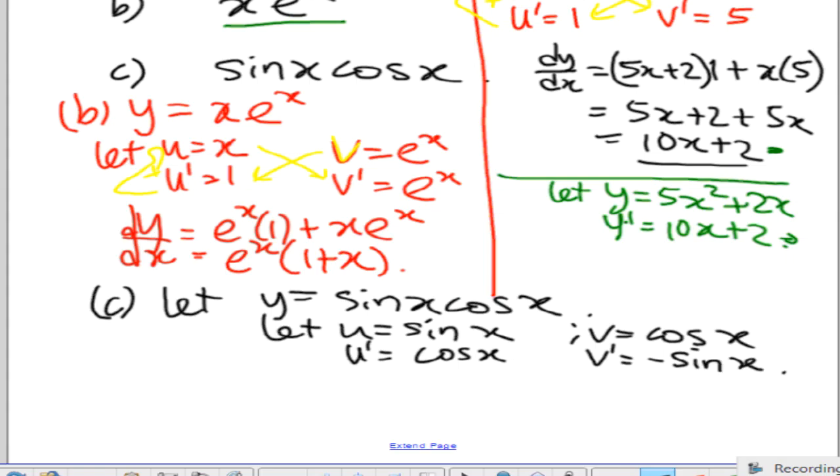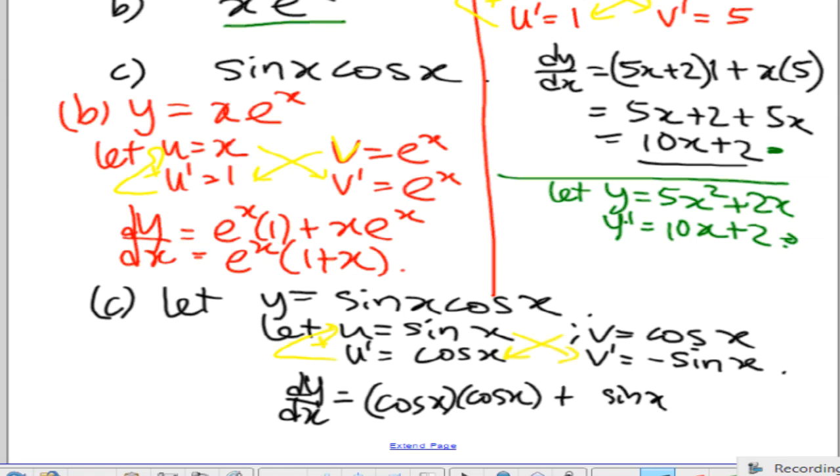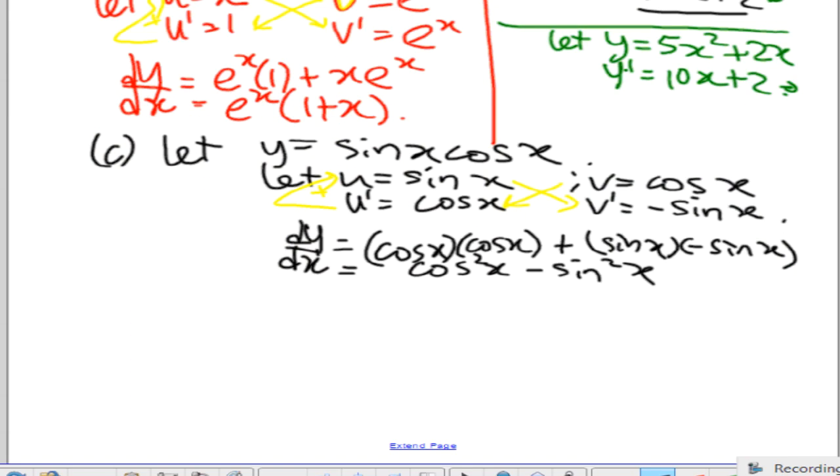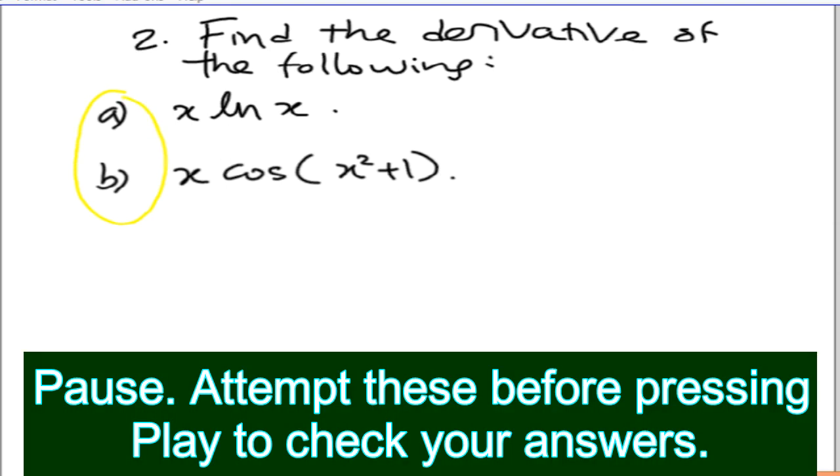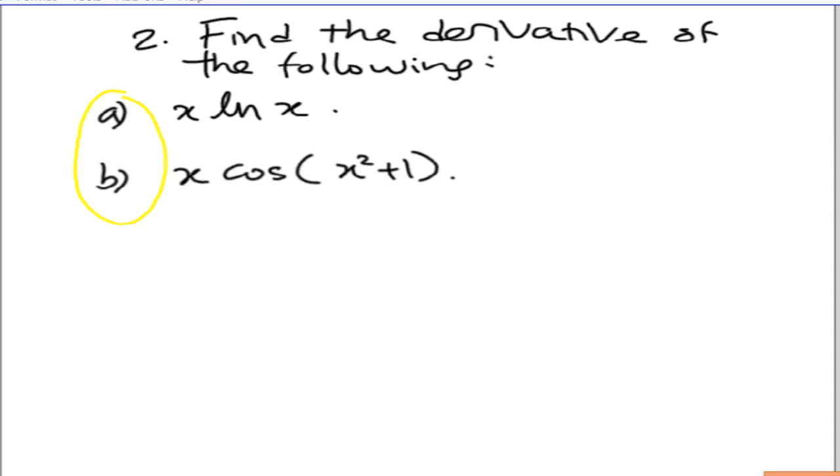Now I'm going to do the fish again. Therefore dy dx is going to be cosine x times cosine x plus sine x times negative sine x, or simplifying, cosine squared x minus sine squared x. And that is cos of 2x. So that's the answer. Here are questions you may want to try out by yourself. When you are ready, press play and check your answer.